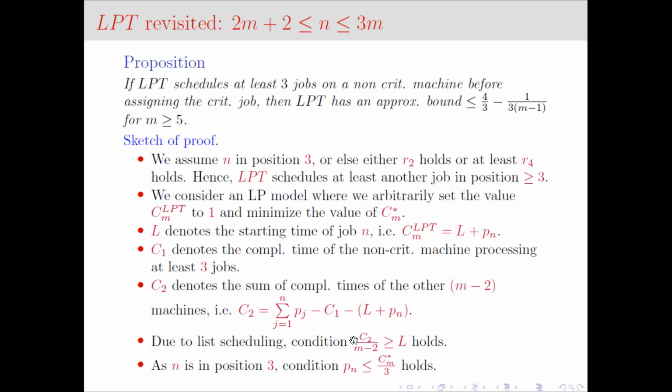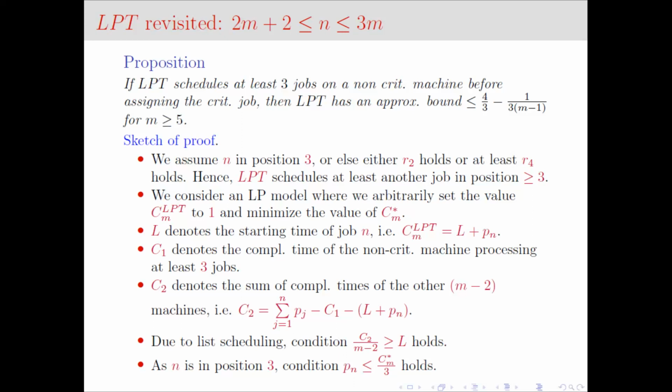And then we have some other constraints that we can use. One says that LPT uses list scheduling. So we always place the jobs in the available machine which has the smallest load so far. So this implies that LPT will respect this constraint, which is C2 divided by n minus 2 is greater or equal than n.